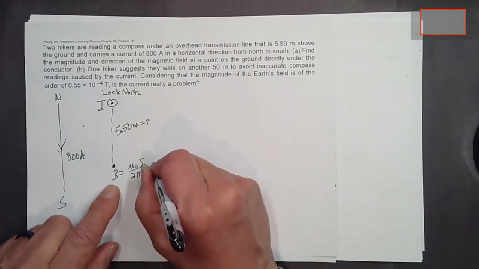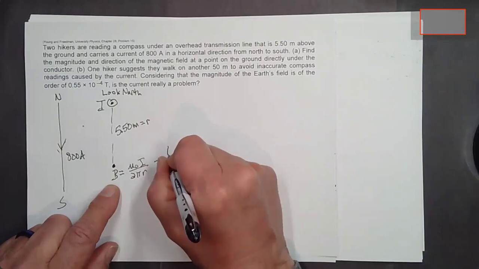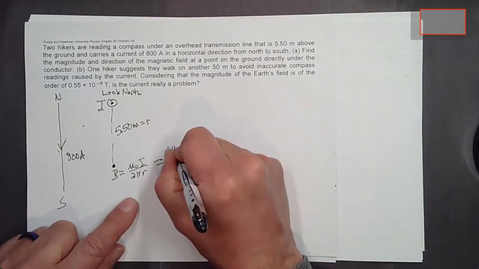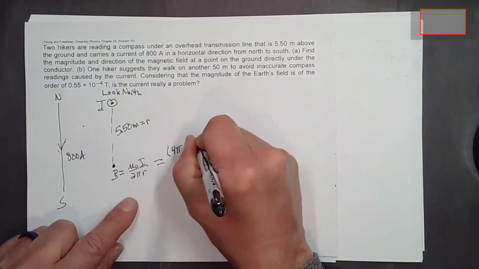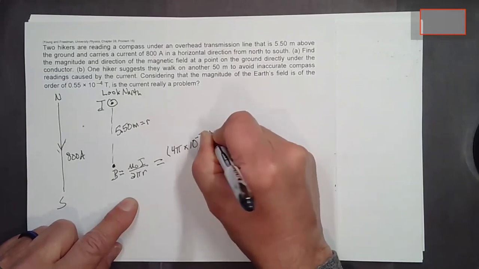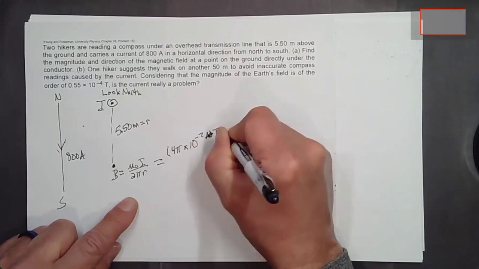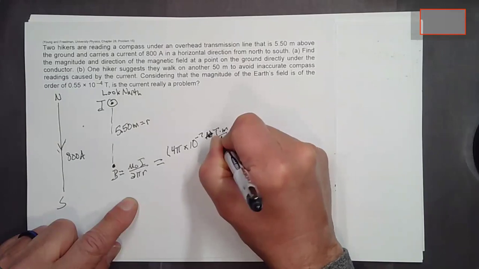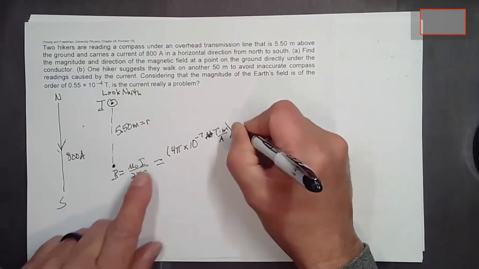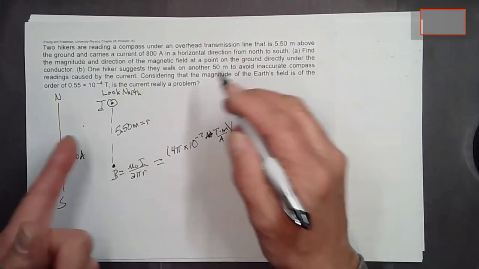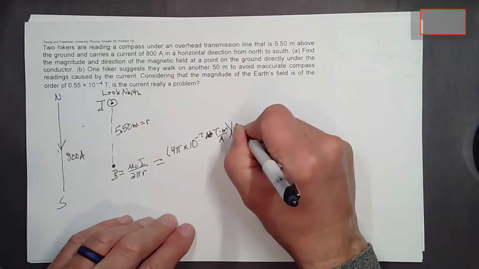Okay, the magnetic field down here will be 4 pi times 10 to the minus 7th Tesla meters per amp. And then I multiply that by the current, which is 800 amps.